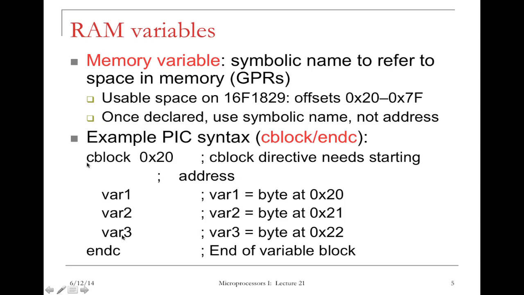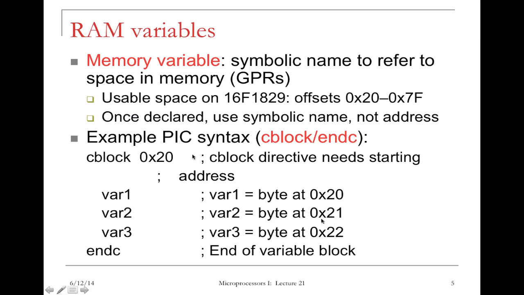So this is not an instruction, by the way. This CBLOCK and ENDC, you can think about them as pseudocode. They just help the assembler to know that later in the program, whenever I use variable 1, this in fact refers to address 20. Whenever I use variable 2, that is in fact address 21.